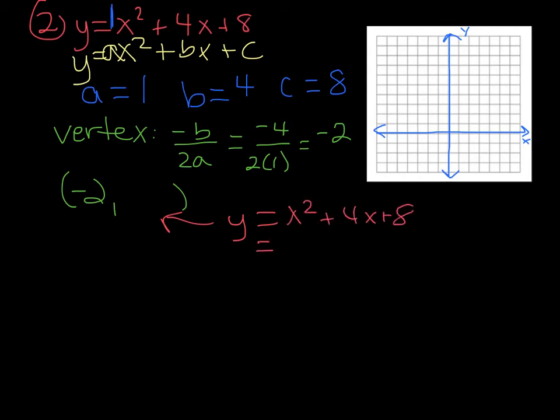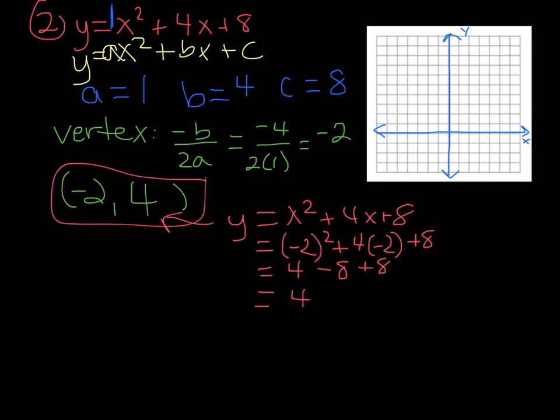I'm going to substitute in -2 for x. And then when I do that, I get 4 minus 8 plus 8. That gives me a y-coordinate of 4. So this is my vertex.